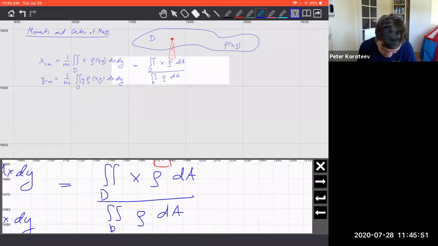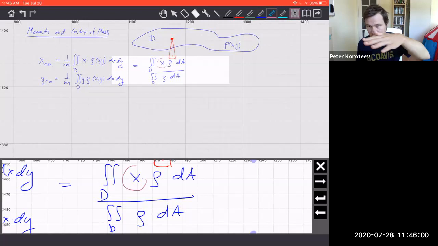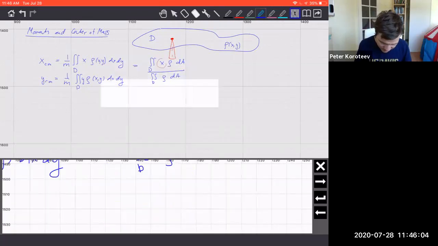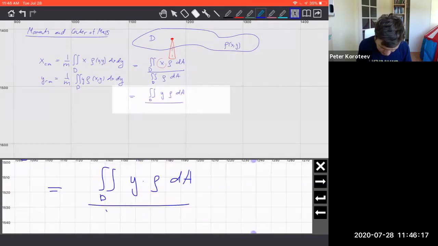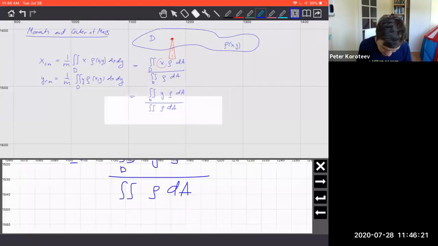In other words, what you're doing is averaging x over the density function of the shape. And there's a similar formula for y. For the y position of the center of mass, it's the integral of y times rho dA divided by the mass.